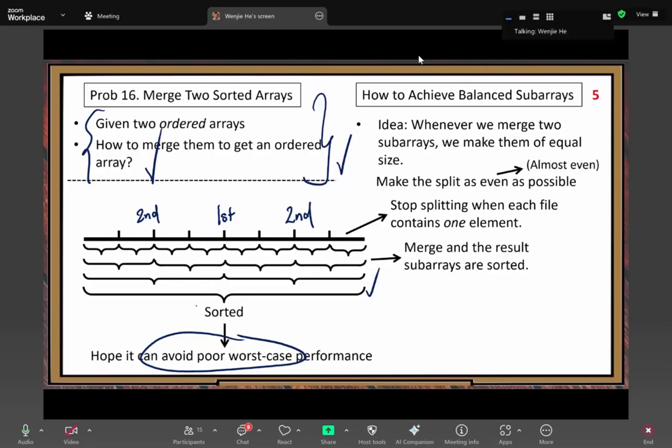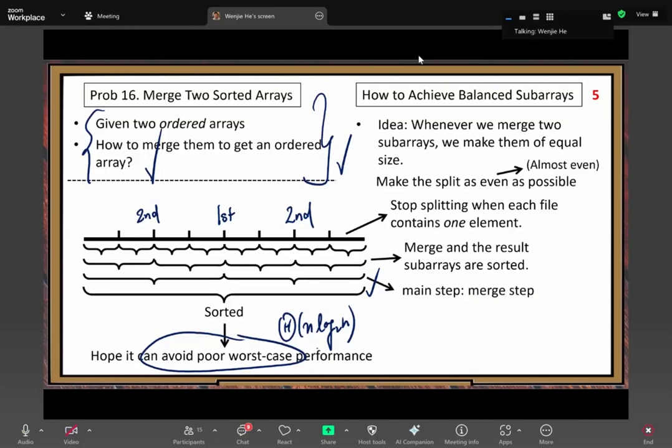Actually the targeted worst case efficiency is big theta of n log n. Much better than big theta of n squared.